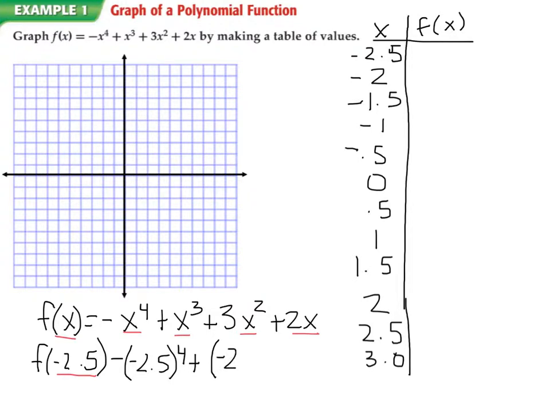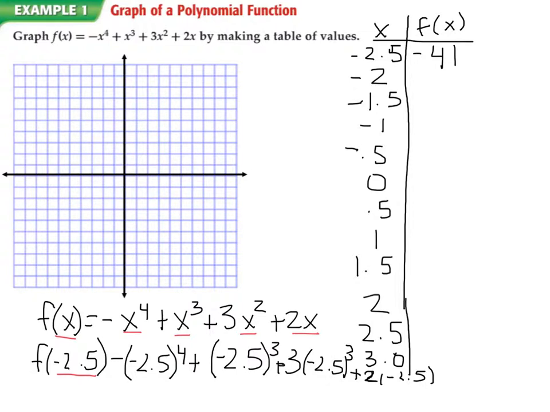Parentheses, negative 2.5 cubed, plus 3 times negative 2.5 squared, plus 2 times negative 2.5. Okay, that's pretty lengthy, but when we evaluate it all the way through, we end up getting negative 41.